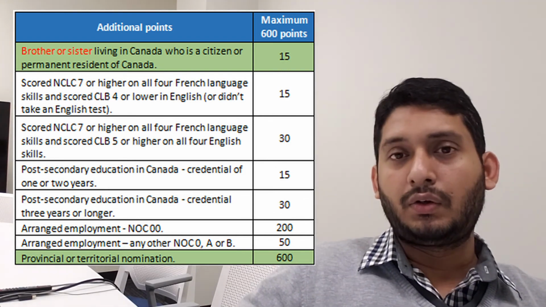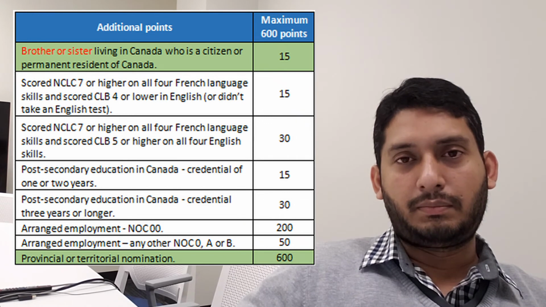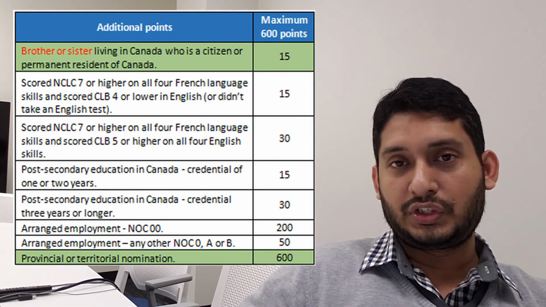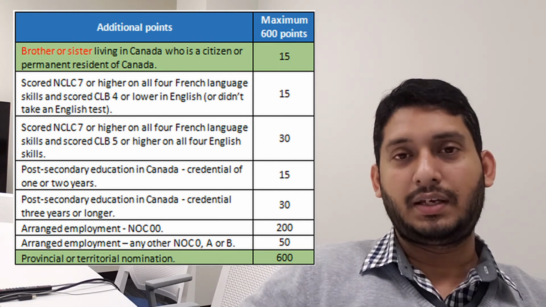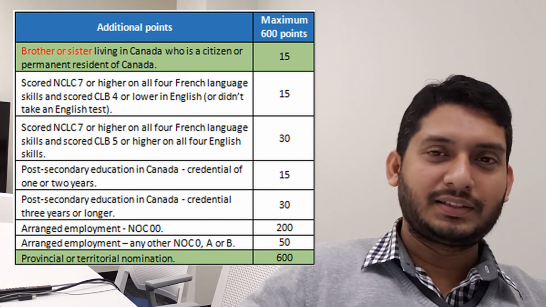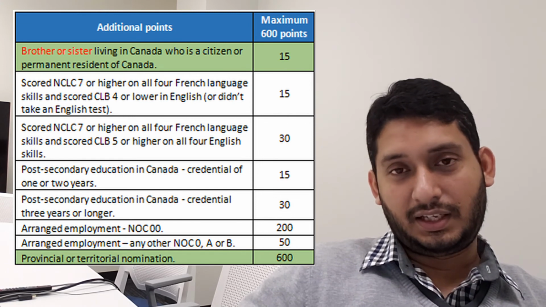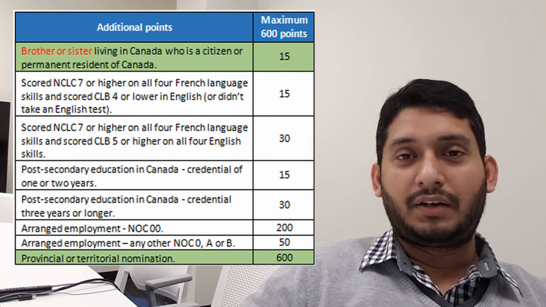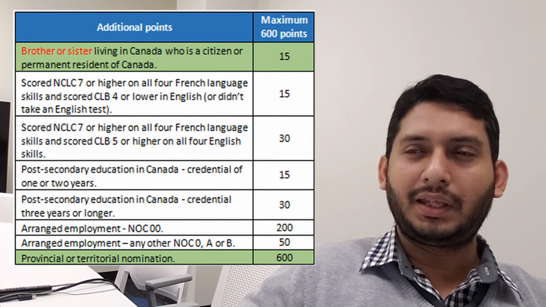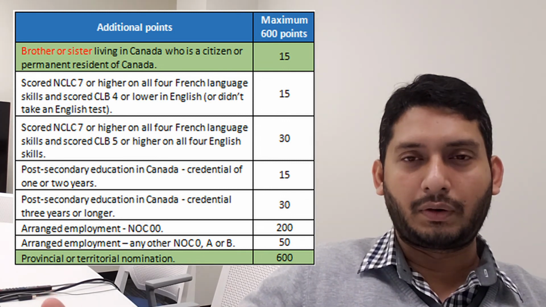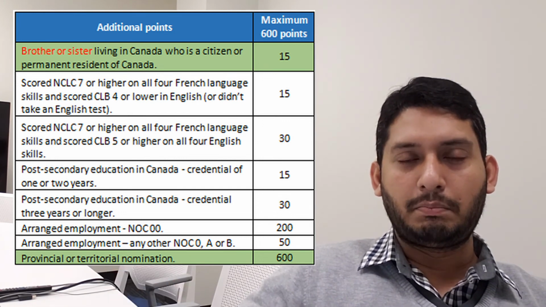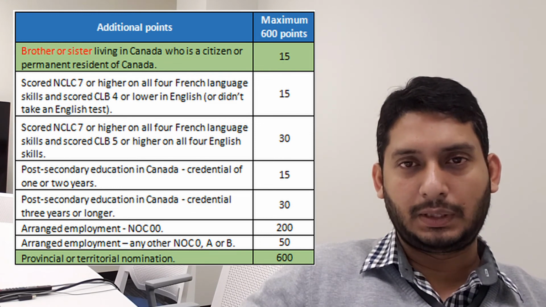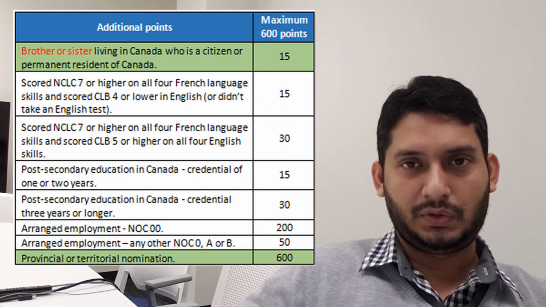Just to let you know, as of now, most likely the PNPs are offered by Ontario, Nova Scotia and Saskatchewan. There are some other provinces also offering PNPs, let's say Prince Edward Island, but unfortunately we are not eligible for that, because for that PNP you must have a job offer from a Prince Edward Island employer, which is quite impossible, I would say.